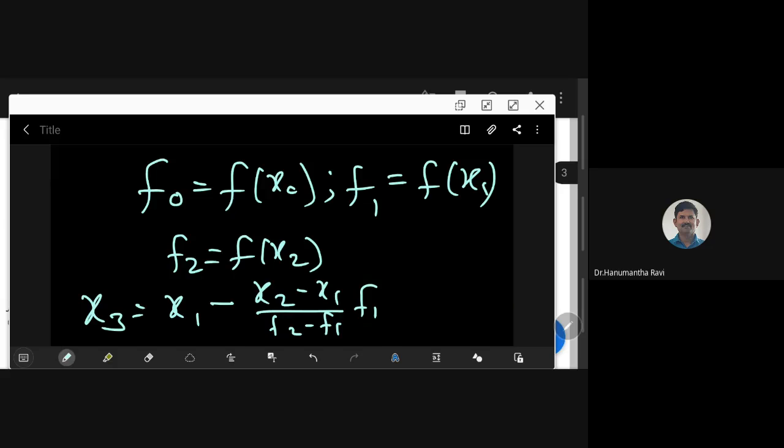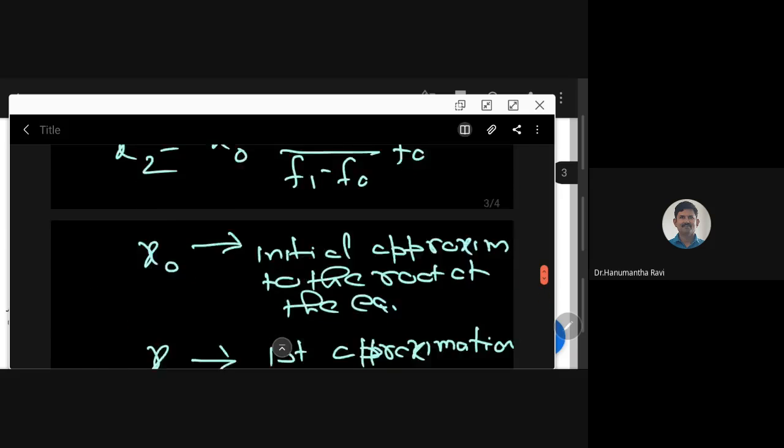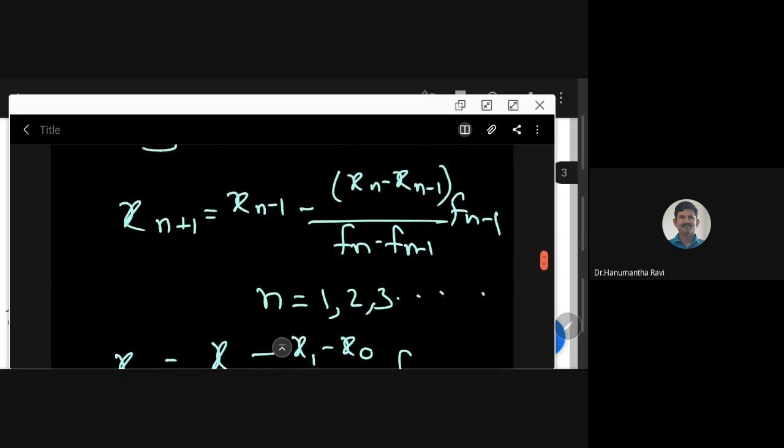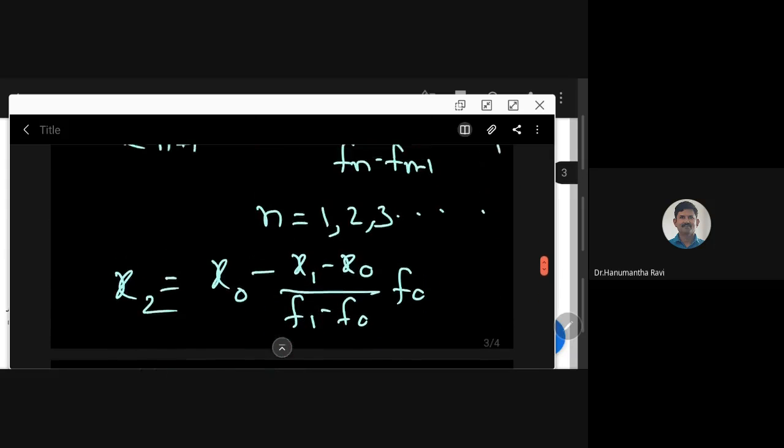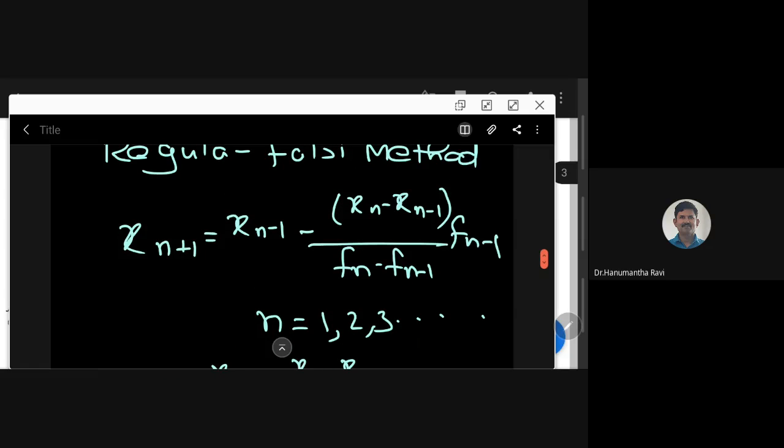I already described how f0, f1, f2 are defined. So we found x3, and like that we keep on continuing this process until the absolute difference between two successive approximations of the root is less than the pre-specified error. This is what we mean by the secant method. We got this idea from the secant line; that's why this is known as the secant method.